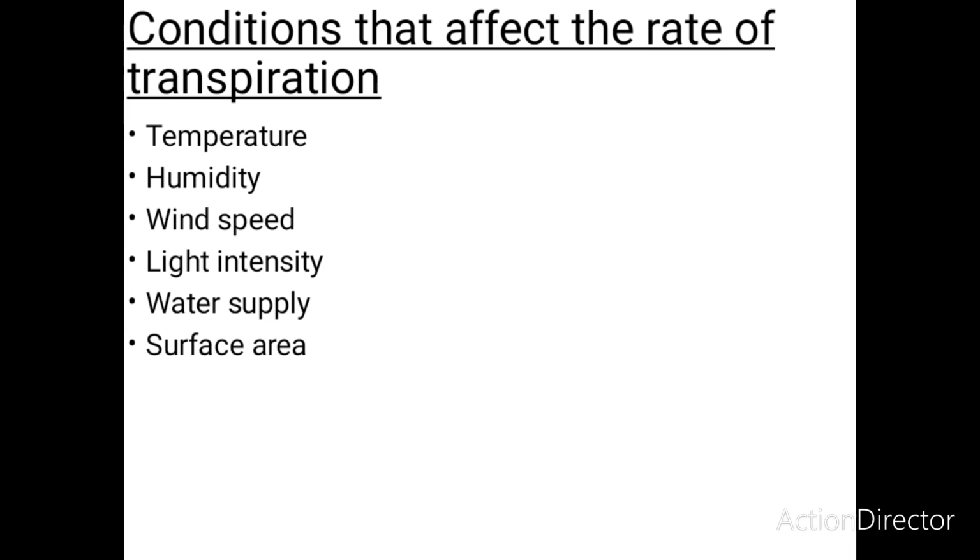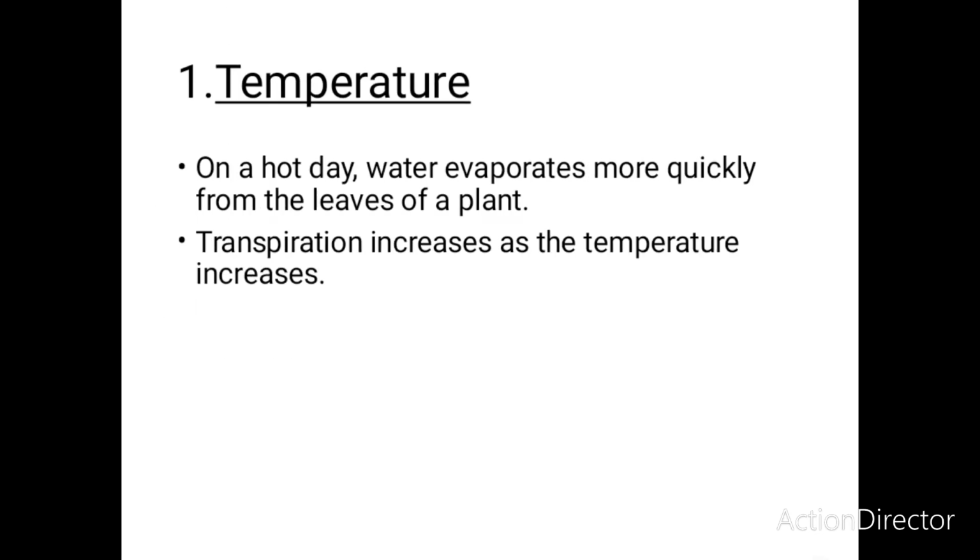The first one we are going to look at in detail is temperature. On a hot day, water evaporates more quickly from the leaves of a plant. This means that as the temperature increases, the rate of transpiration increases. So in general, as the temperature increases, the rate of transpiration increases.